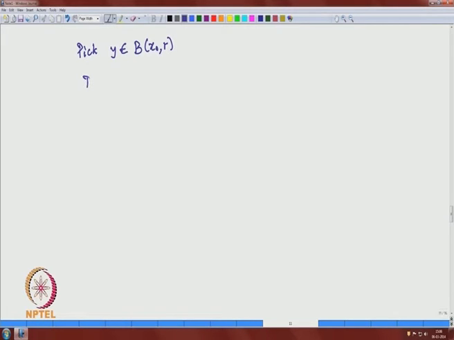Okay, so define, this is now f from D to R. So, now I am going to define a one variable function. So, this is F(t) equals f of x 0 plus t y. Okay.